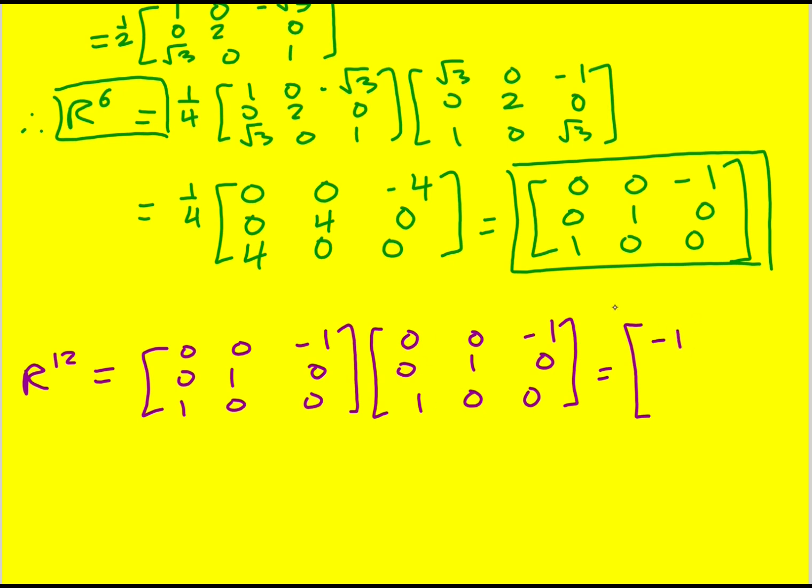So I've got minus 1, 0, 0, 0, 1, 0, 0, 0, minus 1.